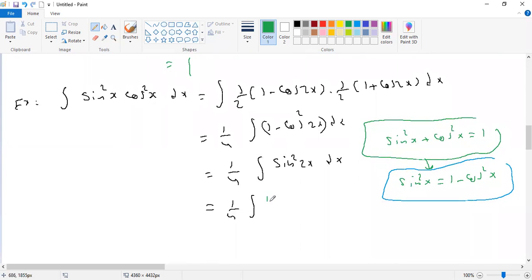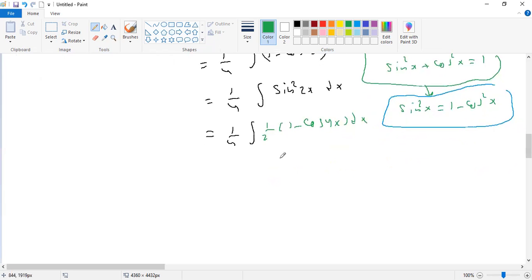So it will be half of 1 minus cosine double angle 4x dx, equal to 1 over 4 times 1 over 8 integral. Let us write the details to be clear.